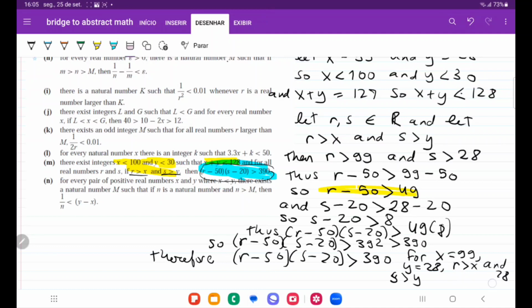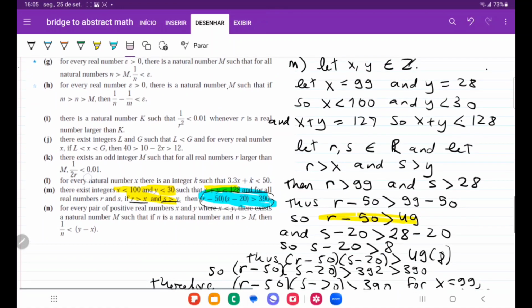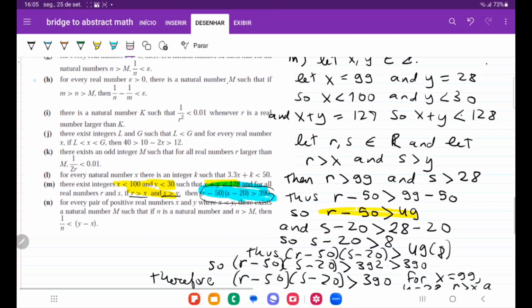So we have proof that this is true, and then for the conclusion, you would rewrite this whole thing. You would say then, therefore, there exist integers x less than 100 and y less than 30, such that, and you would conclude the whole sentence. I'm just not going to write that because that's going to be super long. And that's it for item M.